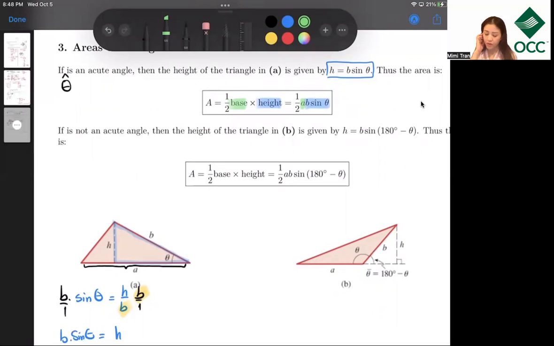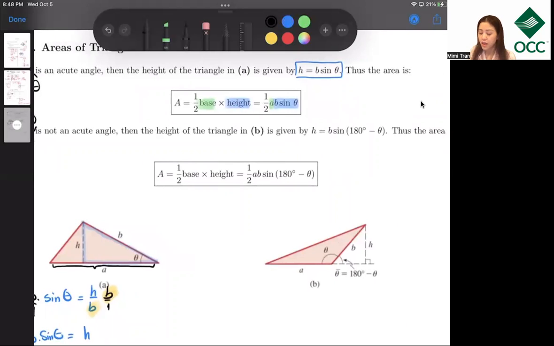For the second scenario, when theta is not an acute angle, meaning the angle is more than 90 degrees, then the height of the triangle in figure B is given by h equals b times sine of 180 degrees minus theta.